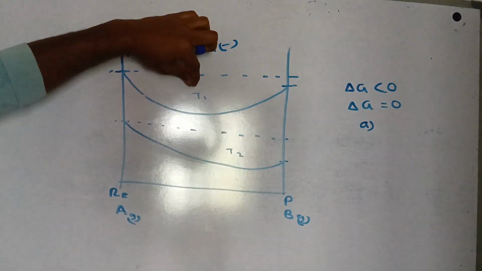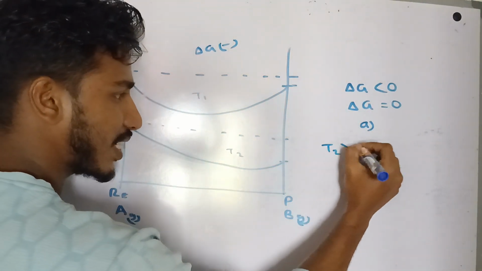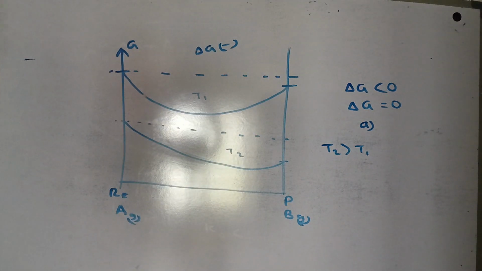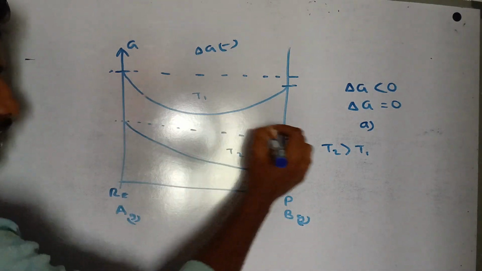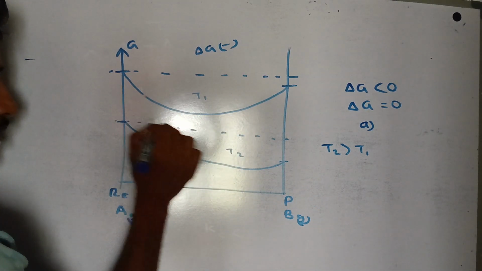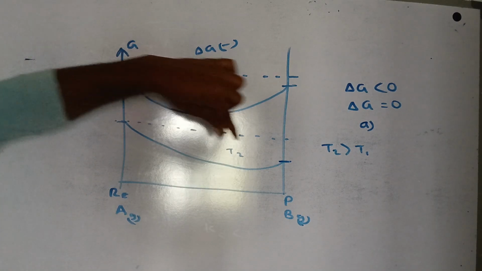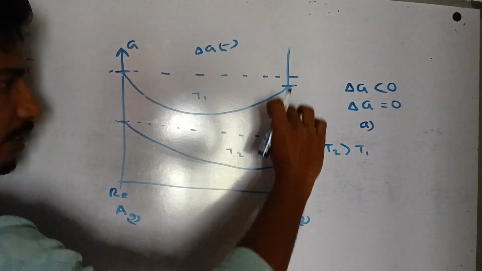And when you change the temperature, they are saying T2 is greater than T1. When you increase the temperature, you are having a different reaction pathway. And again, the logic is the same, because the reactant section is quite larger and comparatively greater than this one.